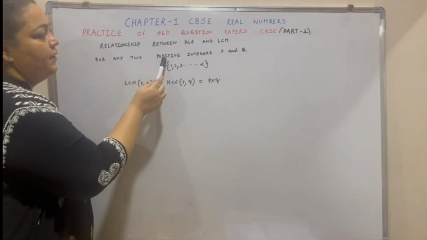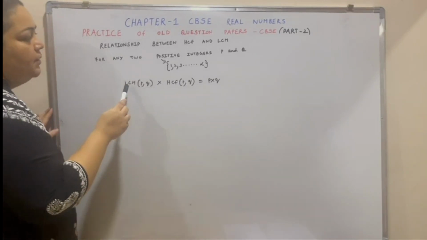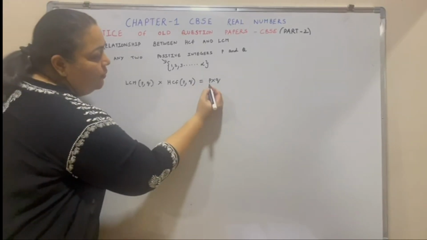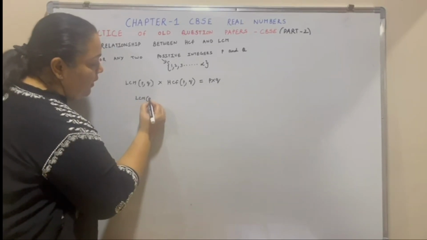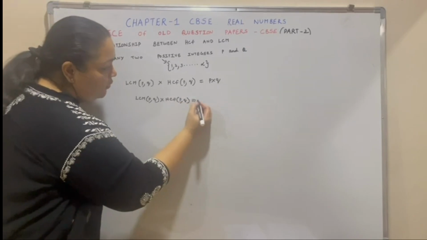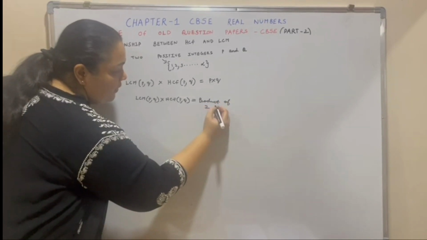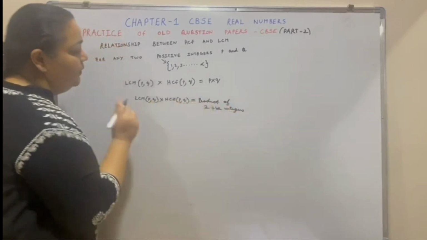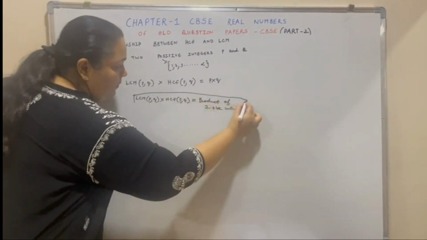For any two positive integers p and q, the positive integers being 1, 2, 3 till infinity, the relation is: LCM of p, q into HCF of p, q is equal to the product of the two positive integers.